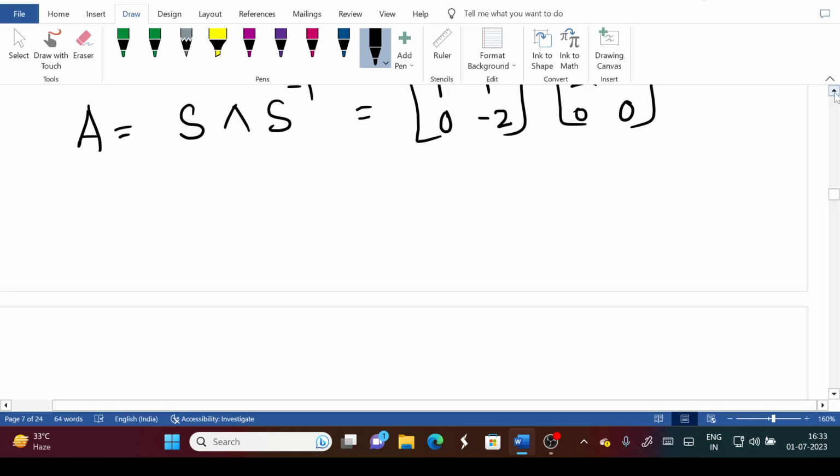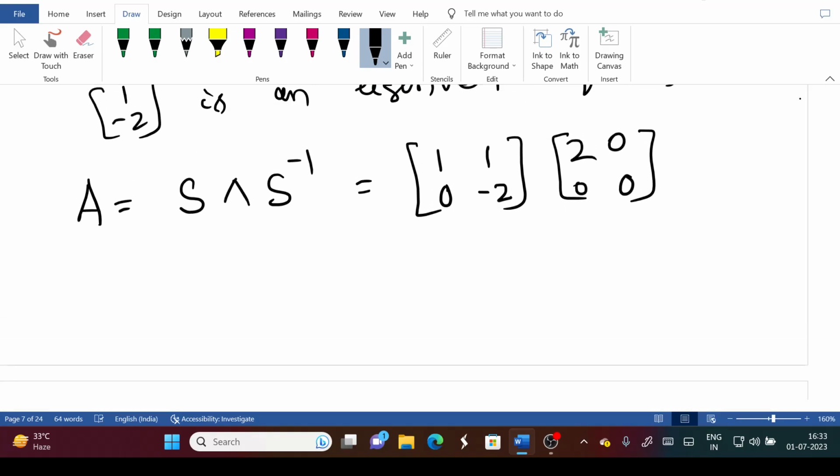So what is the determinant here? This is 1 by minus 2. It will be multiplied together into how much? Minus 2, 1, minus 1, 0.